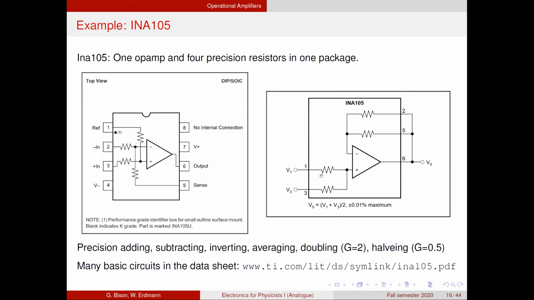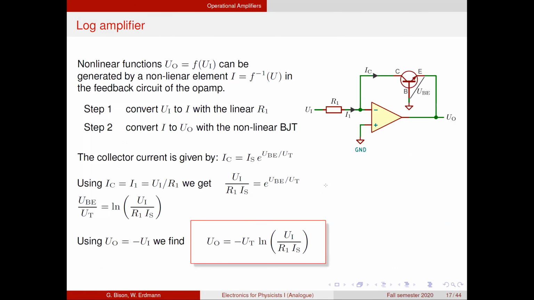Very simply, it uses the two input resistors to generate a voltage divider, and then simply connects the output with nothing else to the inverting input. So this is just a buffer. And like that, you can see many different circuits there.